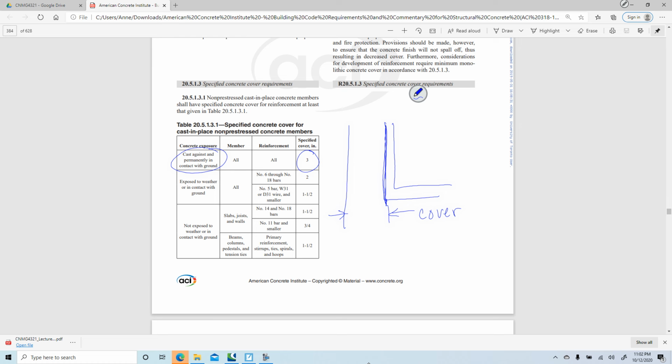So this would be like your stirrups, and often stirrups are like number 4s. So you're probably looking at 1.5 inches generally. If you're not exposed to anything, again, you're at 1.5 inches. Looking at beams here, primary reinforcement stirrups.